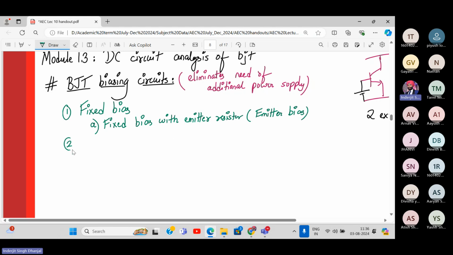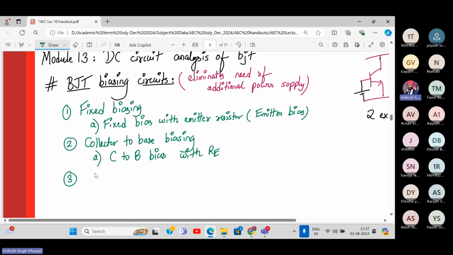Next is collector to base bias. Here also we have one more category, collector to base bias with RE, with emitter resistor RE.